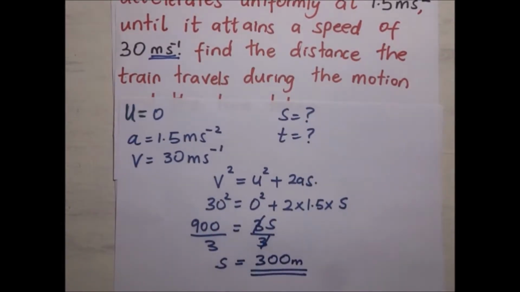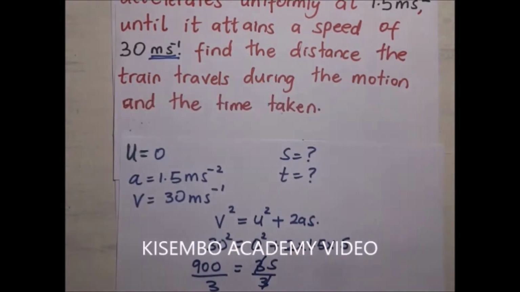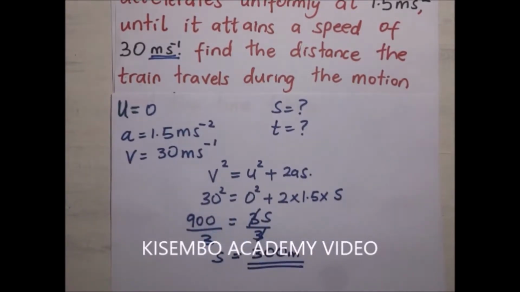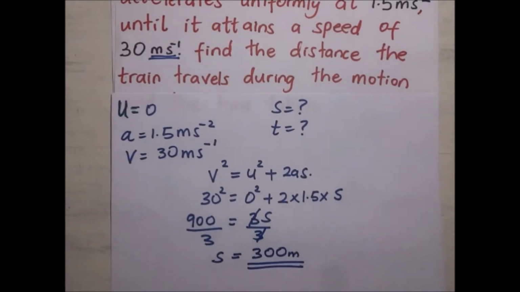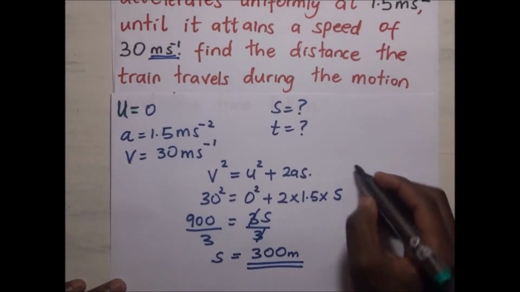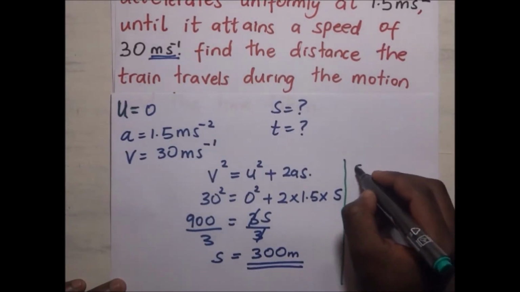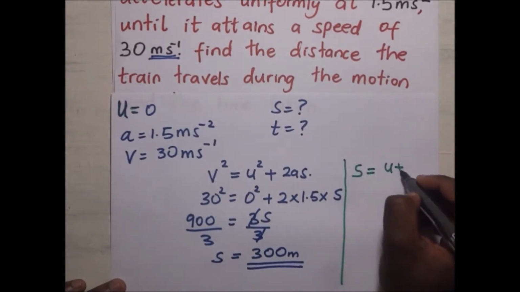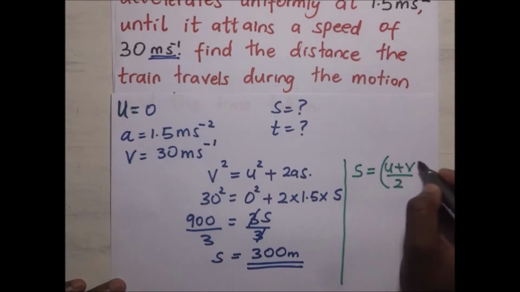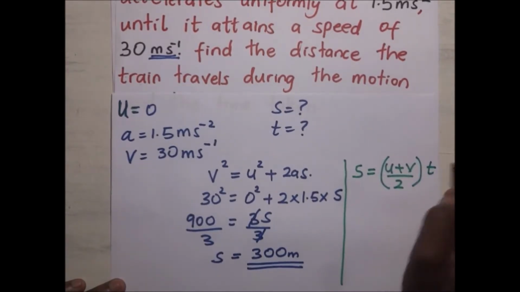That's what we've got. So now to find the time taken, we are going to use one of the equations of motion, one that is appropriate. So to find the time taken, we shall say s is equal to (u plus v) over 2, multiplied by t.